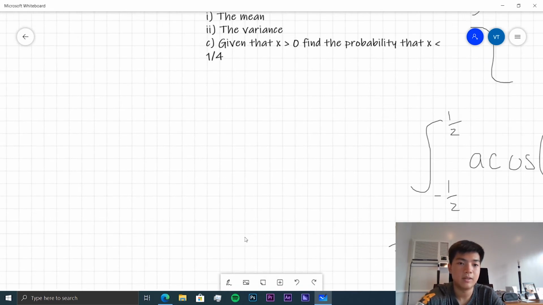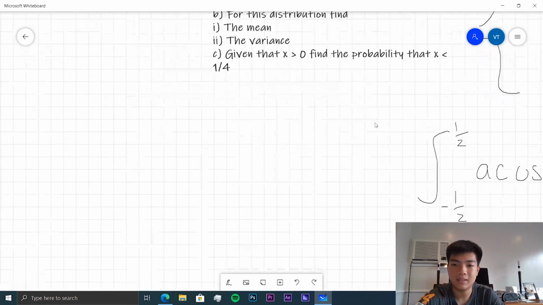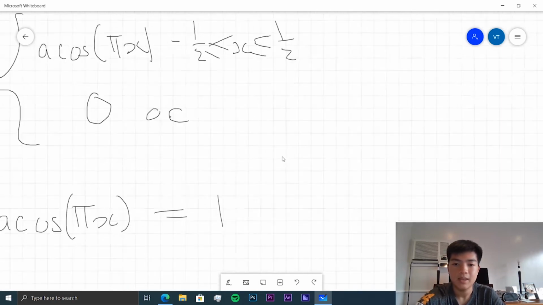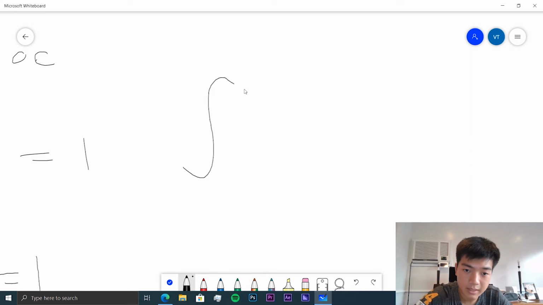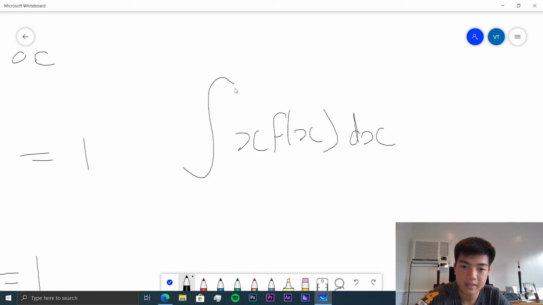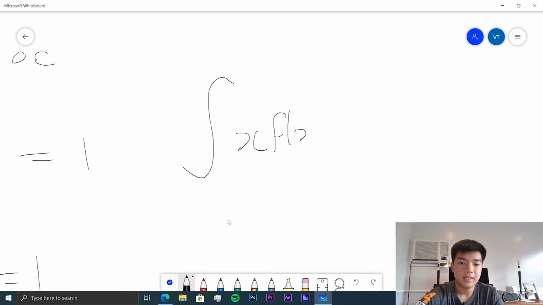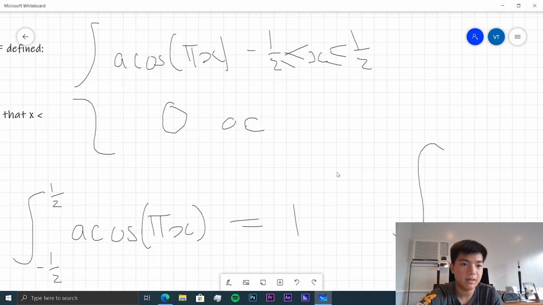Nice. Okay, so next we need to find the mean and the variance. We can get the mean by getting the integral of x times the function dx between the bounds. So this will be equal to integration by parts.